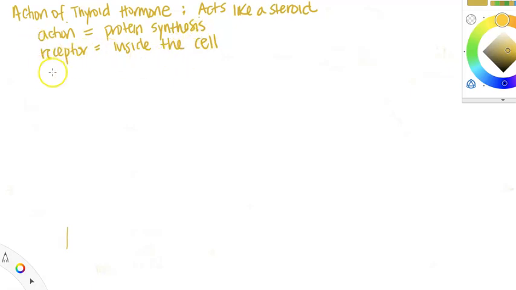And its targets, it's protein synthesis, which its main thing is increase in metabolism and increase in growth.